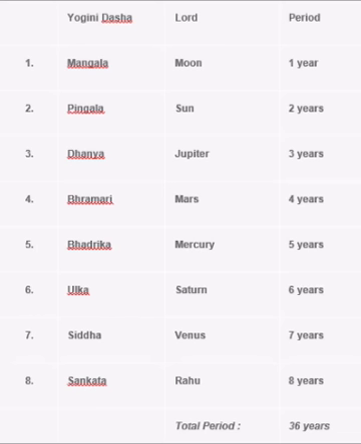We'll figure out what's the sub period, and then we'll just prorate it accordingly, based on the fact that we know that Jupiter's period is 3 years out of 36 years, and we'll be able to figure out what's the sub period.